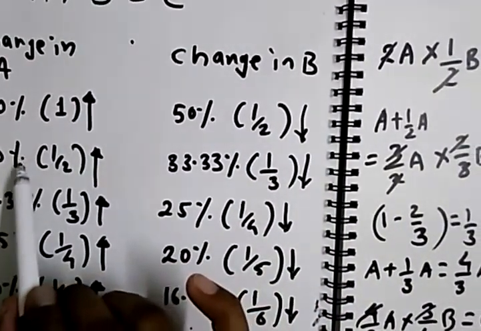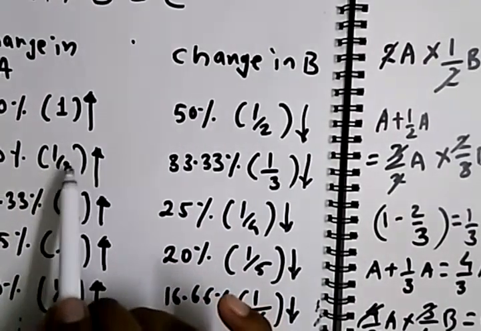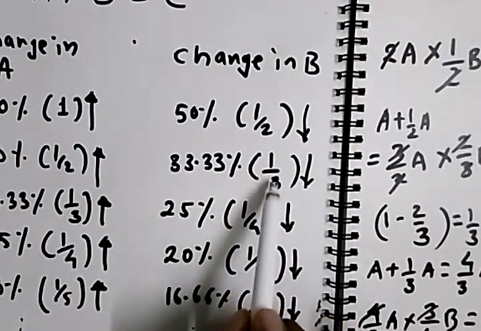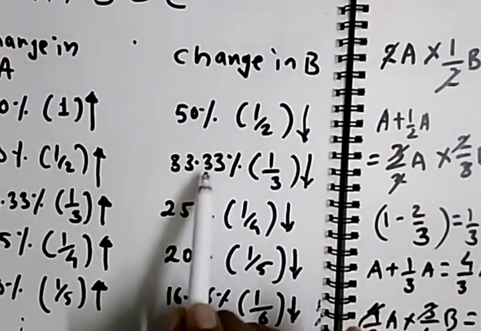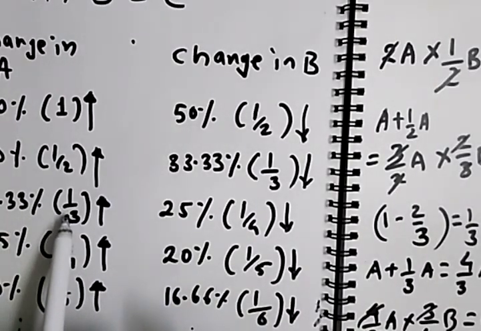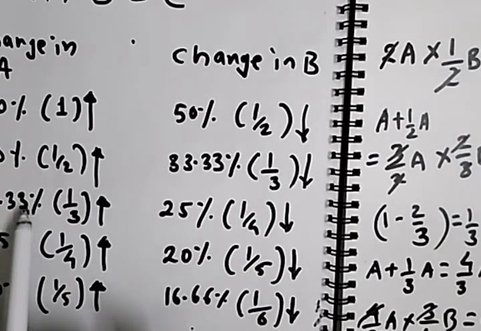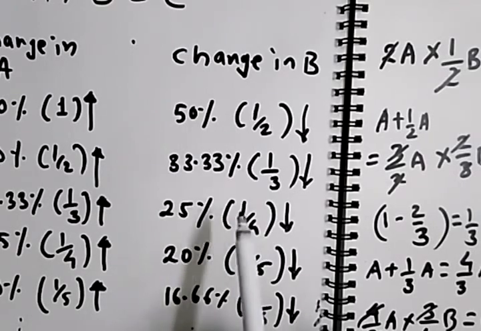Now if you increase your A by 50%, that is by half, then your B will decrease by 1/3. Decrease by 1/3 means decrease by 33.33%. Similarly, if you increase your A by 1/3, that means 33.33%, you will decrease your B by 1/4, that is 25%.